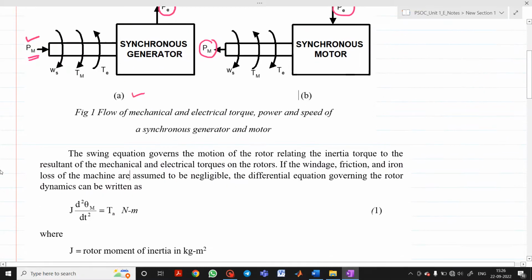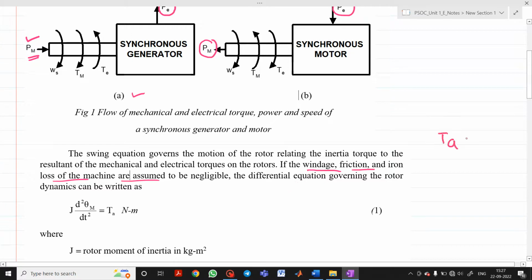So let us see the swing equation. The swing equation governs the motion of the rotor, relating the inertia torque to the resultant of mechanical and electrical torques on the rotor. Let us assume that the windage, friction, and iron losses of the machine are negligible. Then how can we write the torque differential equation? It is very easy.